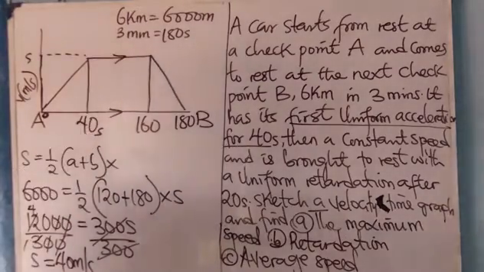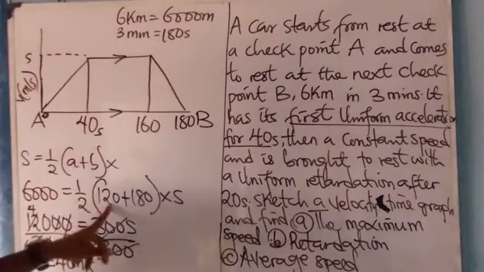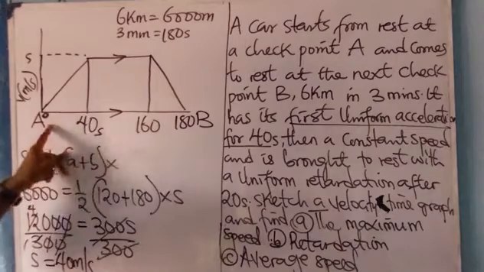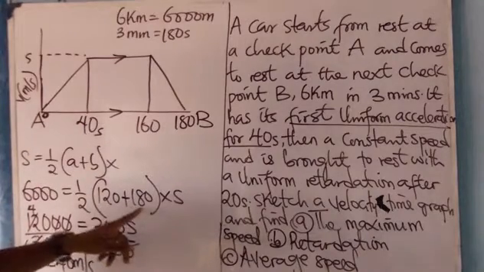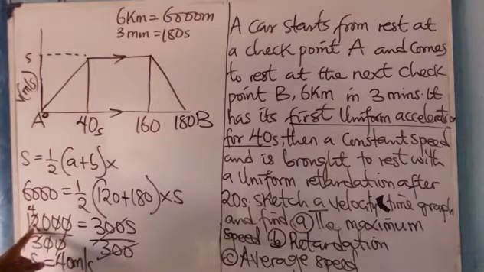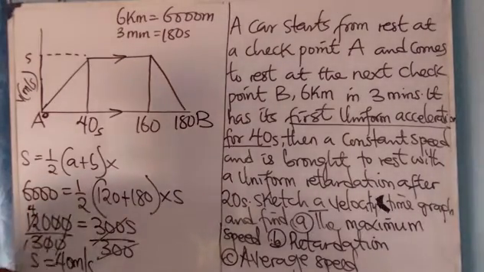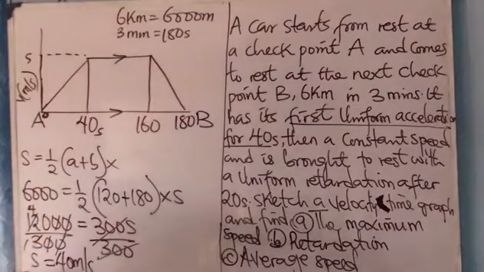This is a trapezium, so they are parallel. So this minus this, I'll get 120. Then this minus this, I'll have 180. So this plus this is 300. Then this times this is 12,000. Divide both sides by 300, I will have 40. So the maximum speed is 40 meters per second.